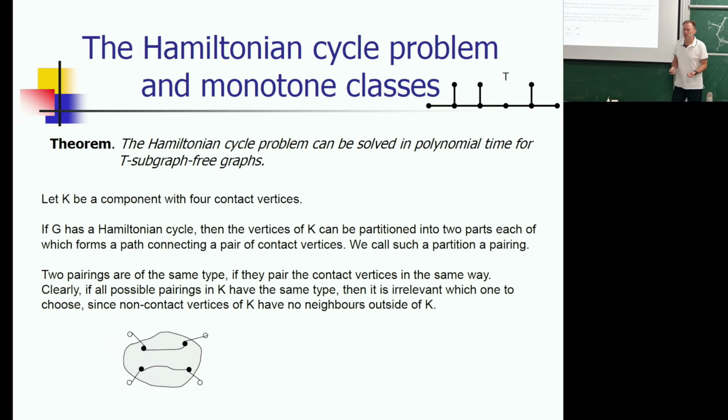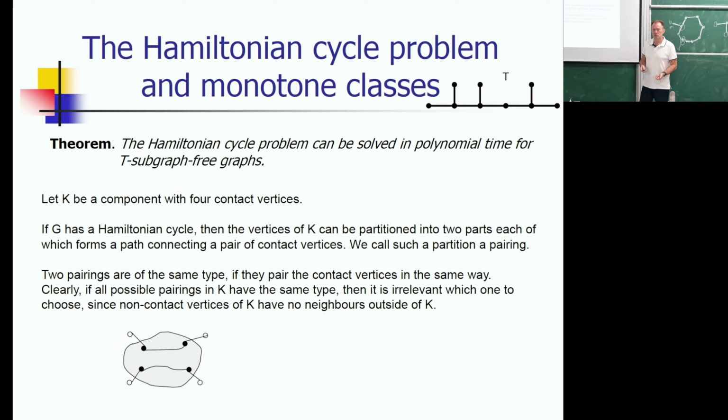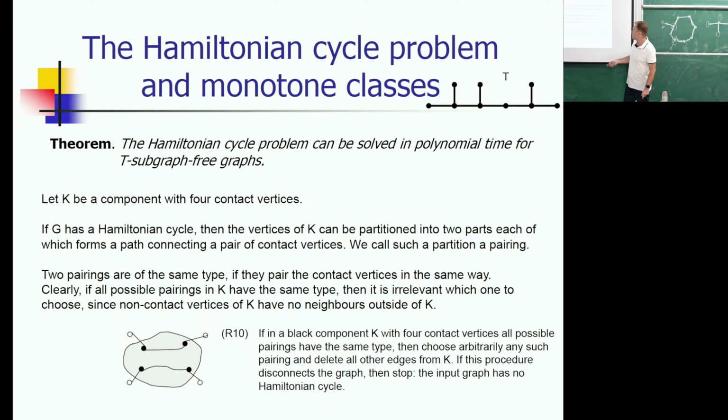And again, it doesn't matter which of the pairings you choose, because only contact vertices have white neighbors. So what you do here, you choose arbitrarily any such pairing and delete all edges from K except the edges in this pairing. This may disconnect the graph, but then you stop and say there is no Hamiltonian cycle.